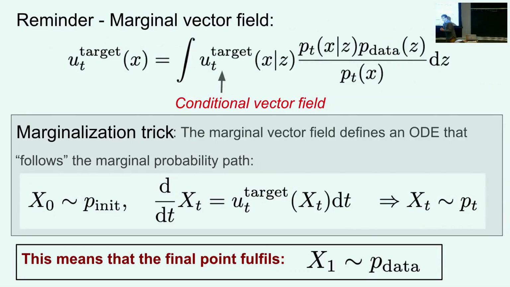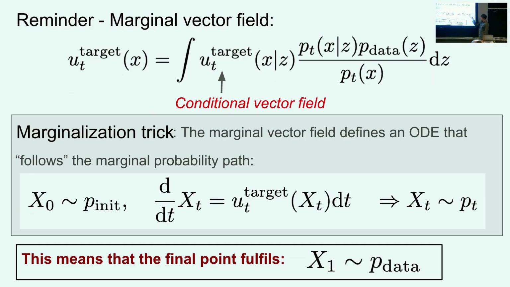So we start again with flow models, leading to a method called flow matching. And just as a quick reminder, the conditional vector field is this, and the marginal vector field is the integral over a conditional vector field multiplied with some ratio. And we had what's called the marginalization trick, where we said that starting off at the initial distribution, we simulate the ODE with this vector field.